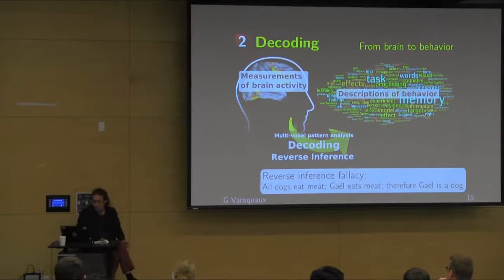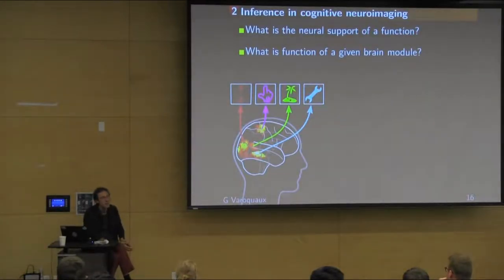So this is a well-known problem in cognitive neuroimaging: we often would like to have evidence on what is the function of a given brain module, but what a given experiment tells us is really what is the neural support of a given function.